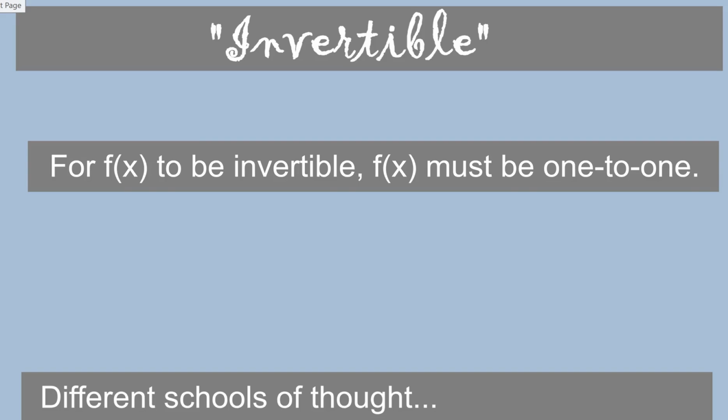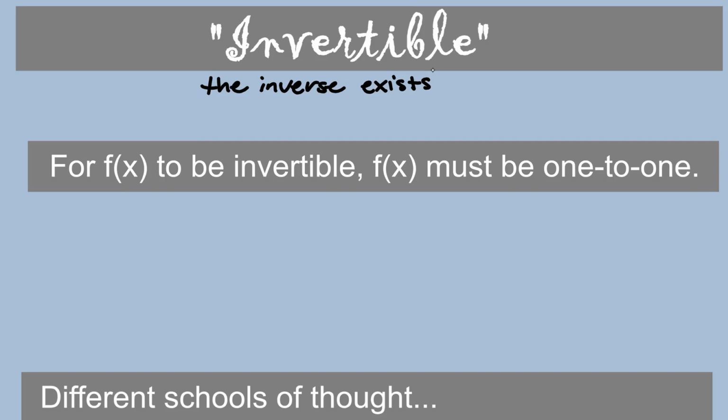Okay, now your calculus book uses a term that we didn't use in pre-calculus. The term is invertible. It's kind of intuitive what they mean. To be invertible means that the inverse exists. Now, different mathematicians have different criteria for determining if the inverse exists.